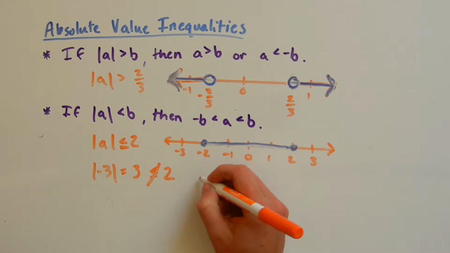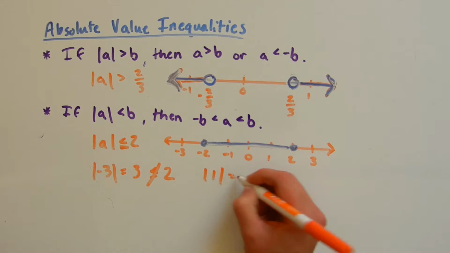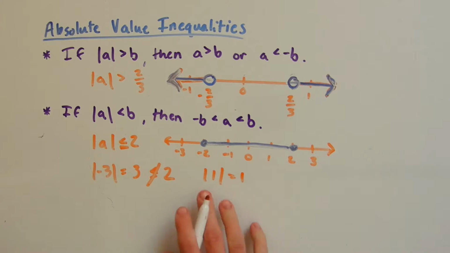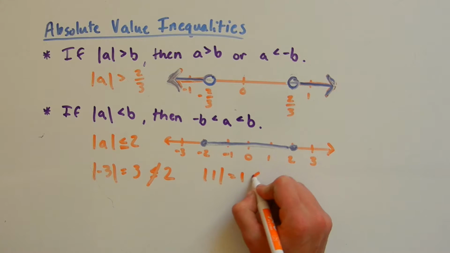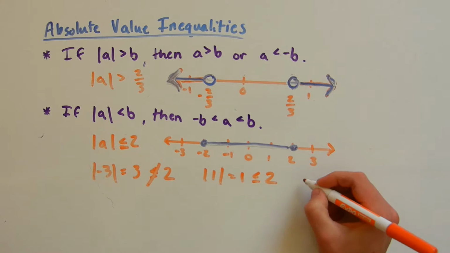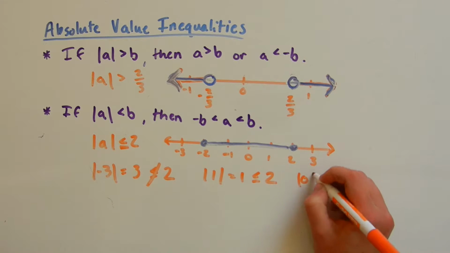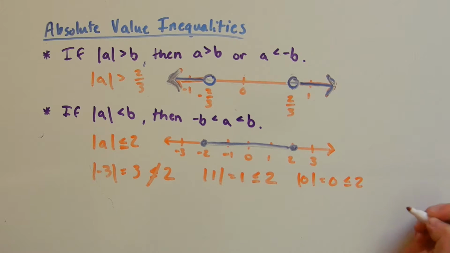Let's look at a positive 1. The absolute value of 1 is equal to 1, as well as the absolute value of negative 1, and 1 is less than or equal to 2. Let's go ahead and look at 0 as well. The absolute value of 0 we know is 0, and 0 is less than or equal to 2.